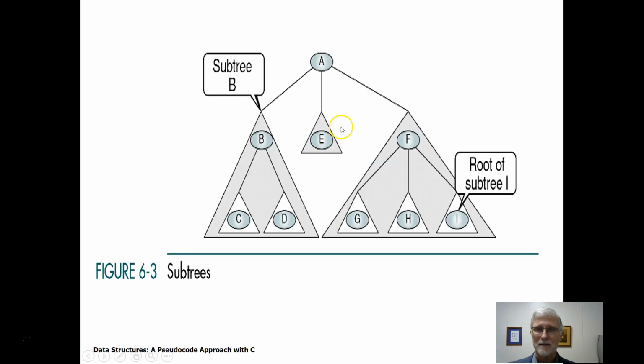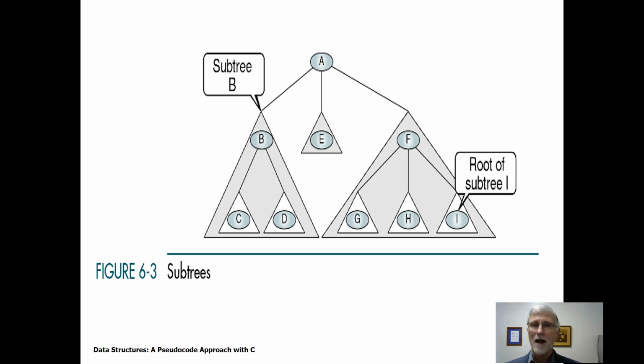Now, each of these trees is part of the way to solve some of these problems. This is where you start thinking, I've got a tree and a subtree, a tree within a tree, which all of a sudden gets you thinking about recursion. This is one of the big uses of recursion. Maybe back in chapter 2 or 3 when we had recursion, you didn't think how you could use it.